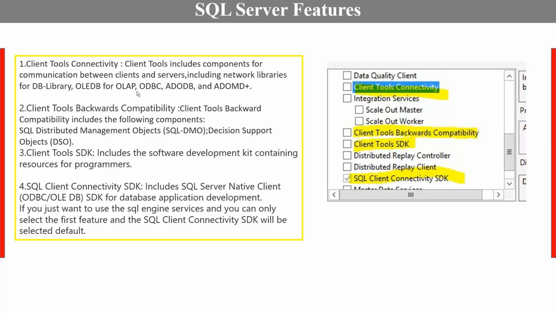All this kind of connectivity related information will be held by the client tool connectivity. Simply, these are the tools which will help you drive your SQL connectivities very smoothly.